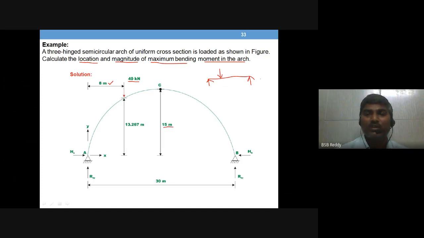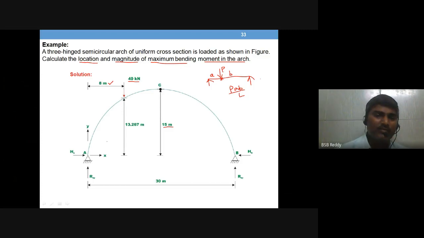In general, it is under the load itself. Maximum bending moment occurs under the load. And you know very well its value: if this is P and this is A, this is B, the maximum bending moment under the load is PAB by L. So this is how you solve for maximum bending moment in case of beams.